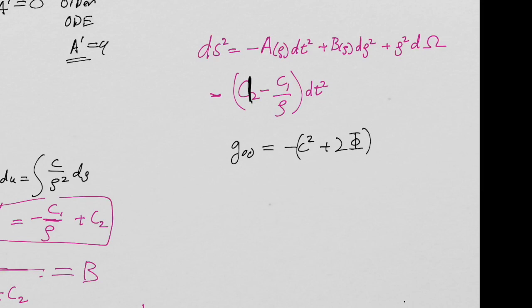And of course, then that is, in our units, going to be minus 1 plus 2GM over r, with a negative sign, right? The potential is negative. So that is our Newtonian limit.